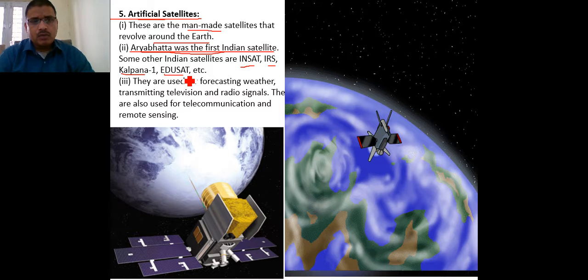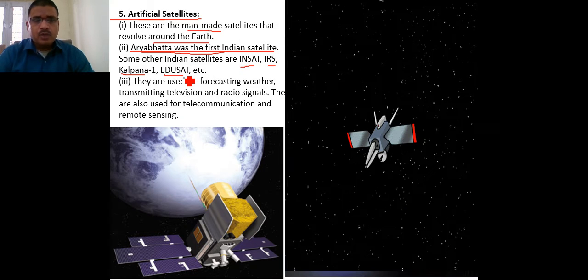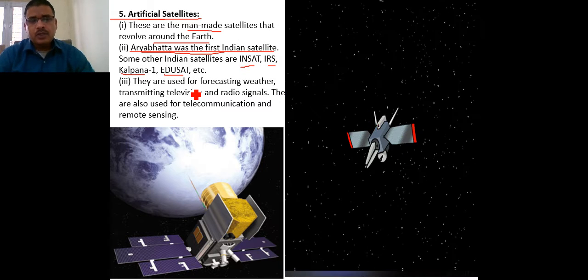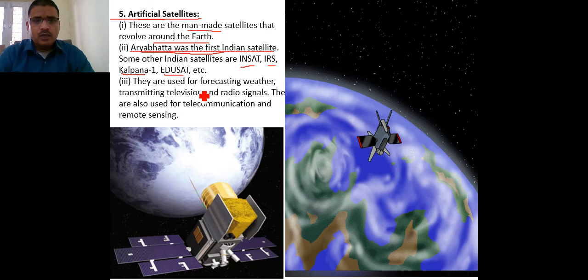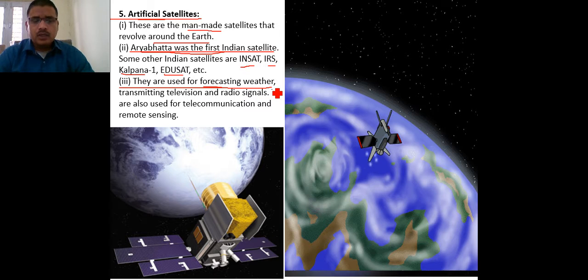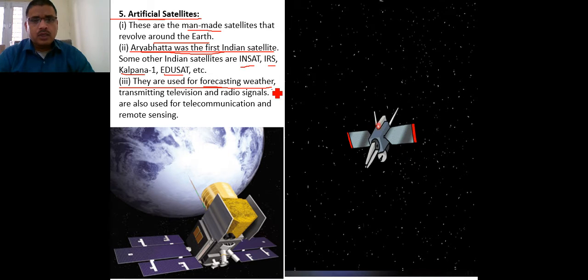Now, for what purposes are they used? There are different purposes. The first is forecasting of weather, to understand the weather condition of a particular area, which can be predicted by these artificial satellites.